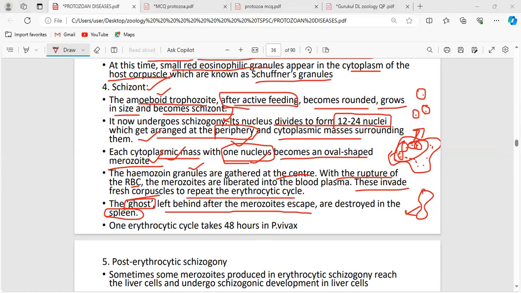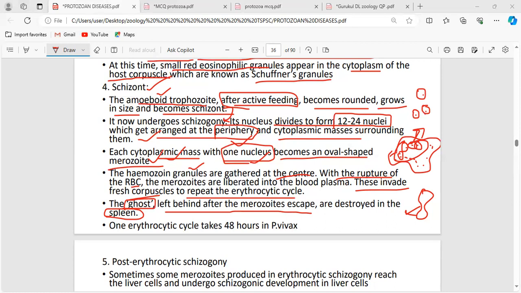Just tell me which organ of the human body is said to be the graveyard of RBC. What is called the graveyard of RBC? Nobody knows. Spleen is said to be the graveyard of RBC.